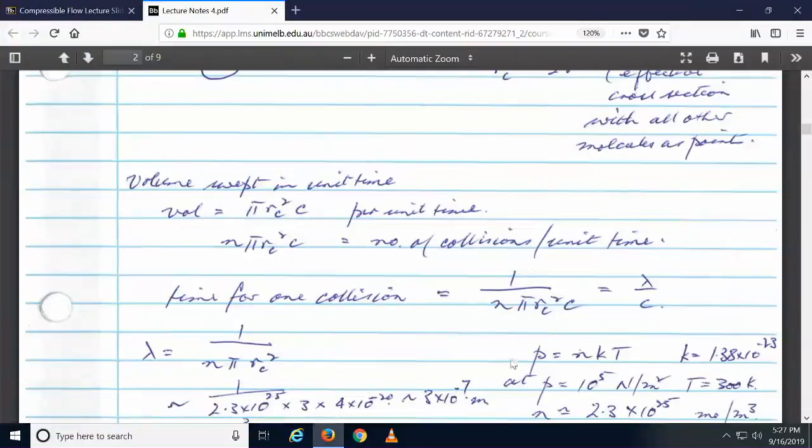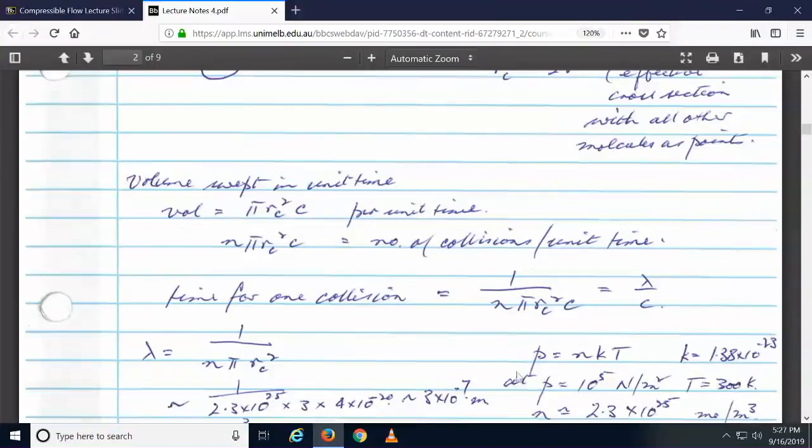So how did I work it out? I worked it out by saying, here's the pressure, and the pressure is nkT. And I know that Boltzmann's constant is 1.38 times 10 to the minus 23. So I put into this equation, I'm going to solve for n. I'm going to put in the pressure of 1 atmosphere, and 1 atmosphere is 10 to the 5th newtons per meter squared.